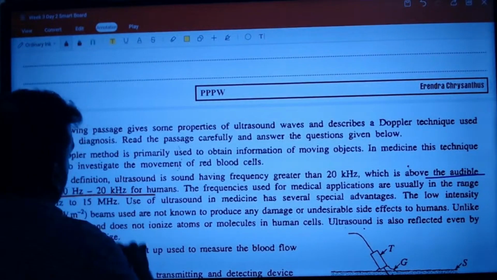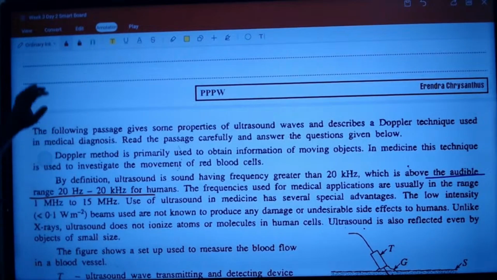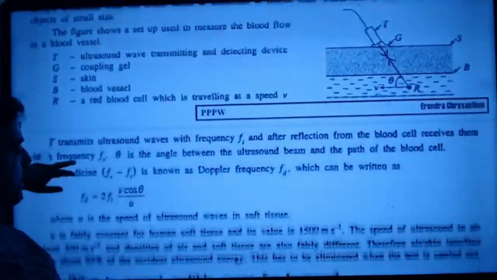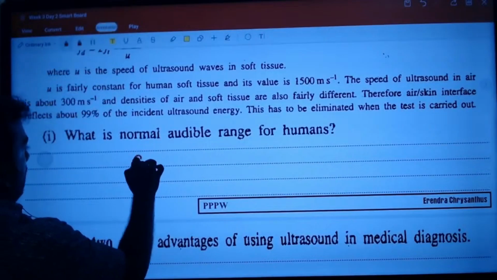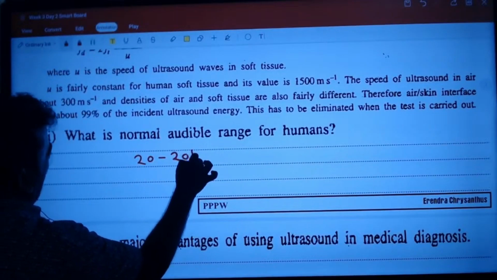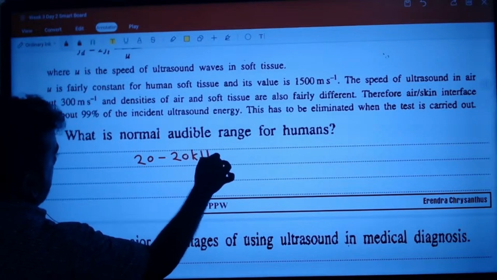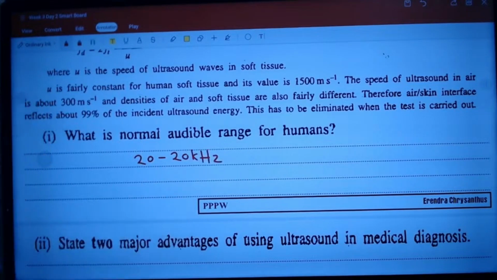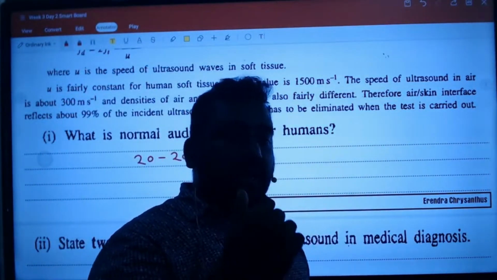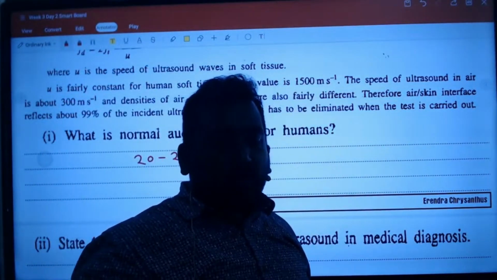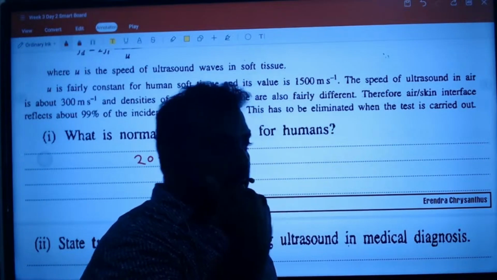Not difficult. So in a passage question, don't read the passage fully and start. You just skim through the passage, but start from the question. Find the answer.